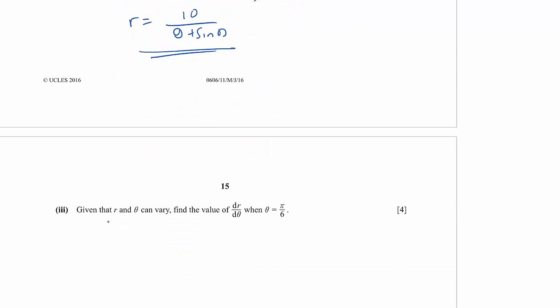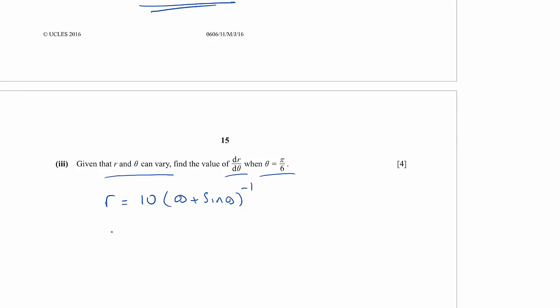Okay, given that r and theta can vary, find the value of dr d theta when theta is pi by 6. Okay, so we want to find dr d theta, which means we've got to differentiate this. So I'm going to rewrite that as 10 times (theta plus sine theta) to the negative 1.